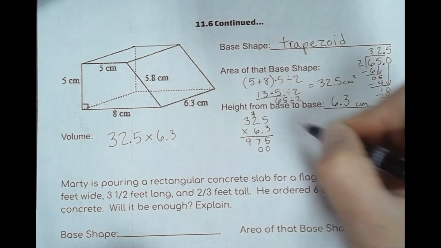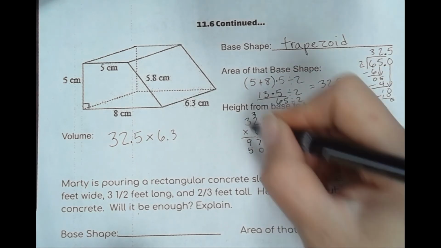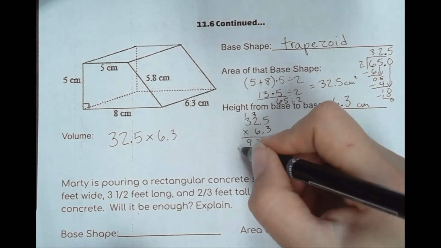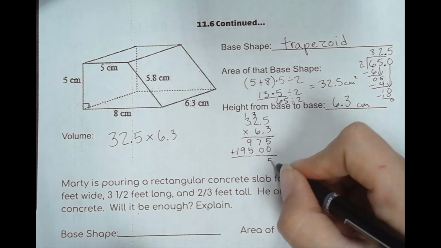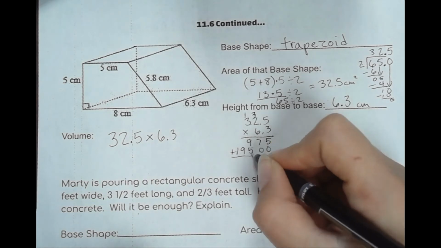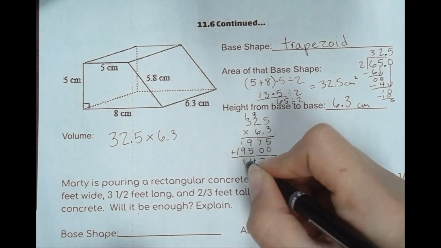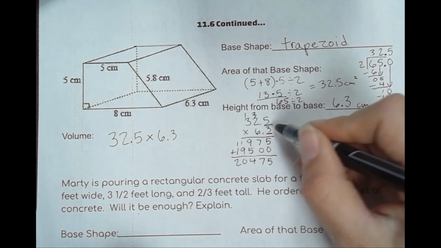Regroup 3. 6 times 2 is 12, plus 3 more is 15. Regroup 1. 6 times 3 is 18, plus 1 more is 19. Add that all up. 5, 7, 9 plus 5 is 14, regroup 1. 1 plus 9 is 10, regroup 1, that leaves us with 2. And we have 2 places behind the decimal.